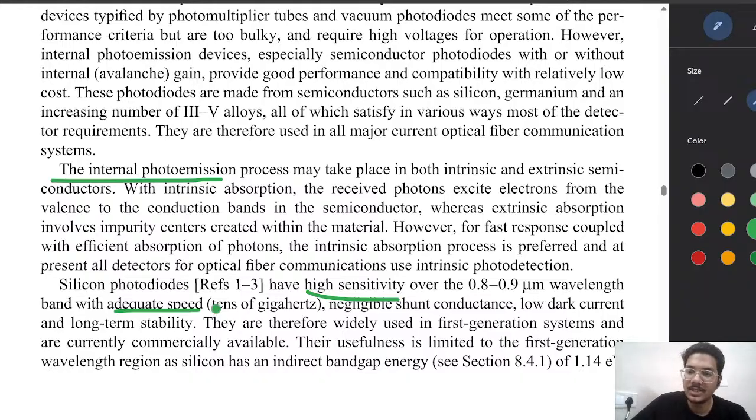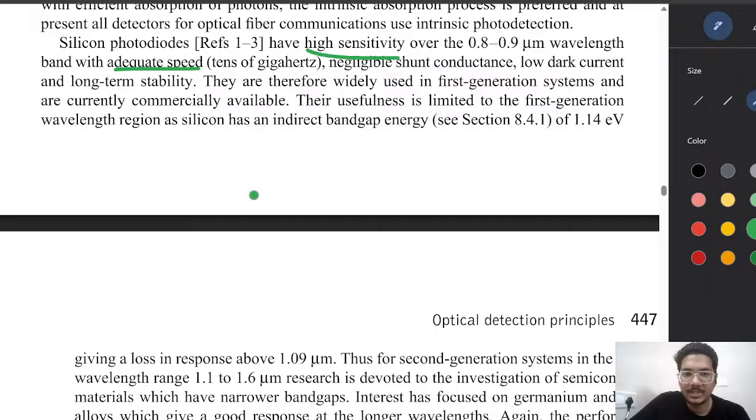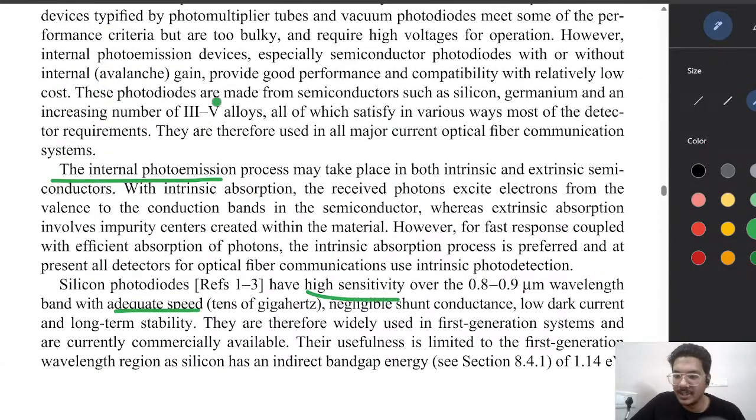The common semiconductor materials are silicon, germanium, and III-V alloys.